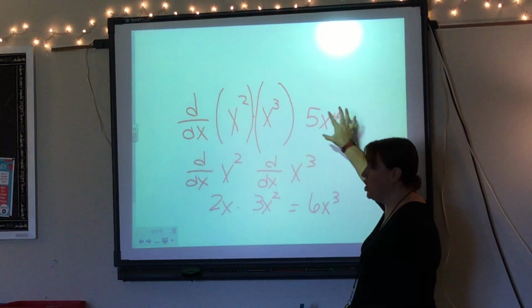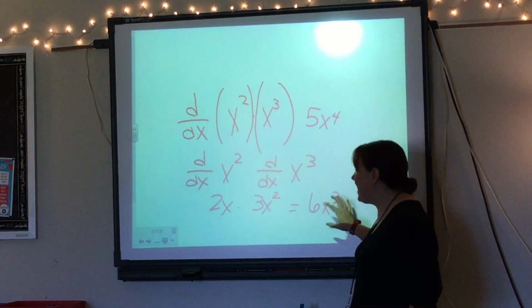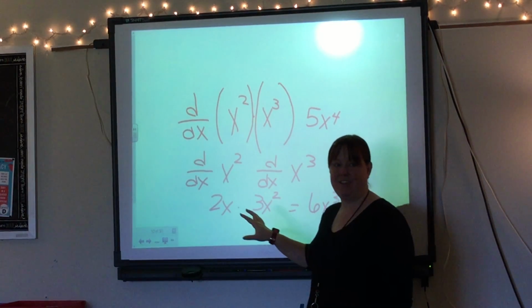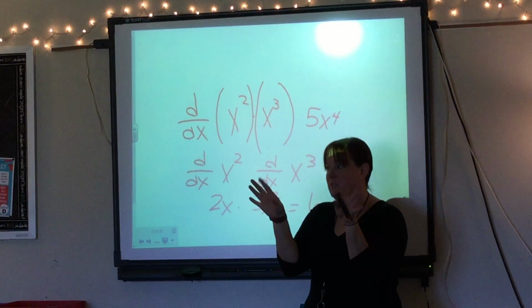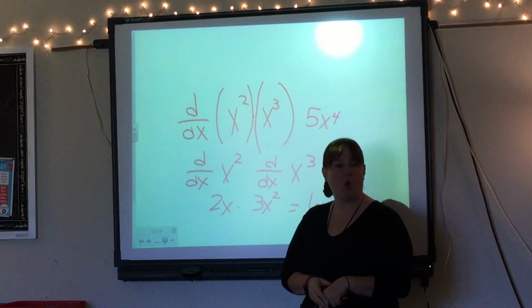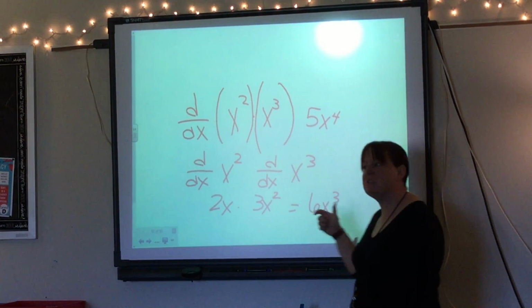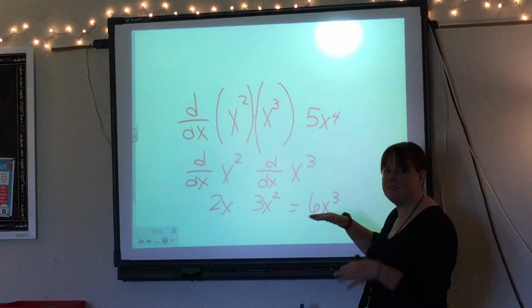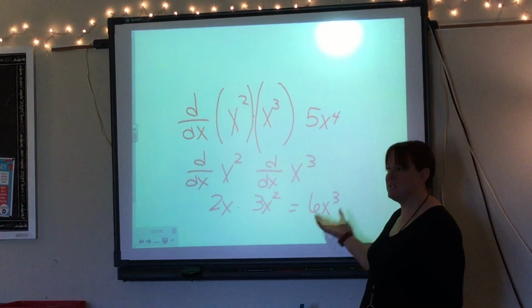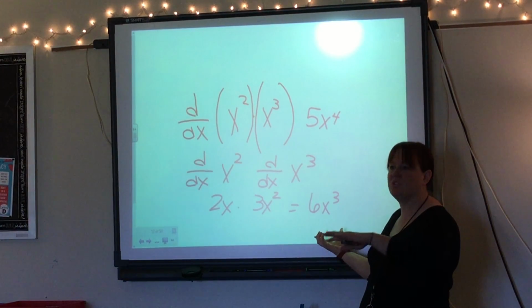So if I have 2 things multiplied together, can I just take the derivative of each of them and multiply them together? No. Because the way you prove something false is one false instance, so it doesn't work for this one, therefore it never works.